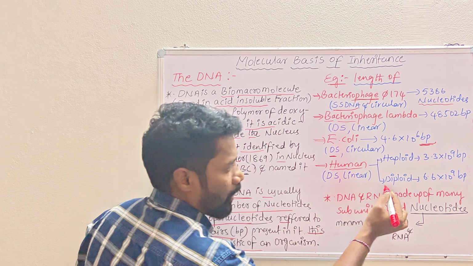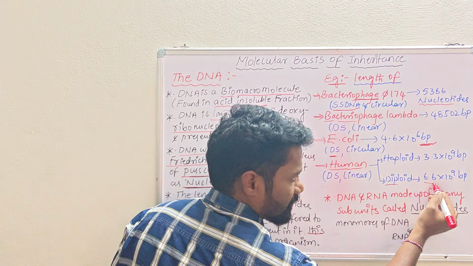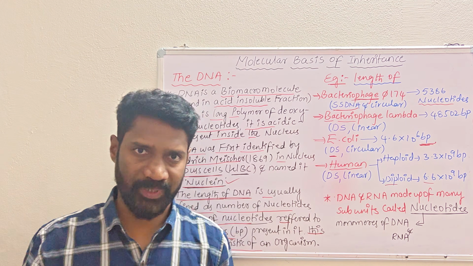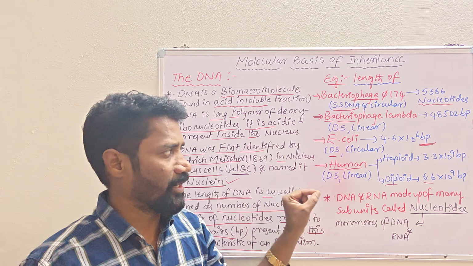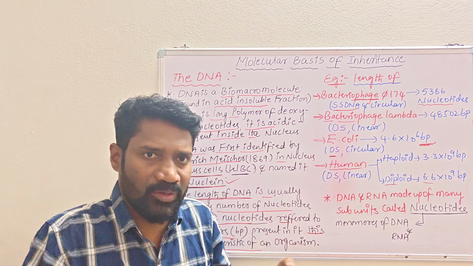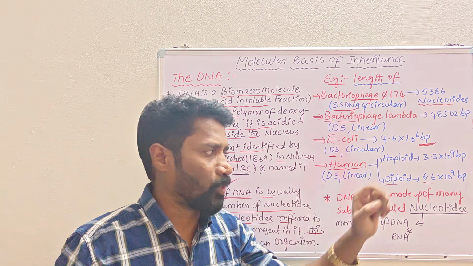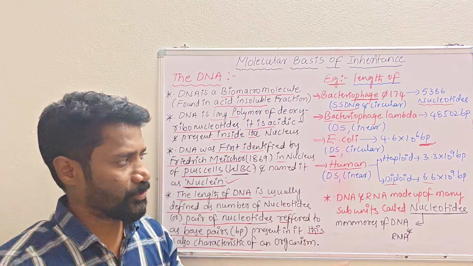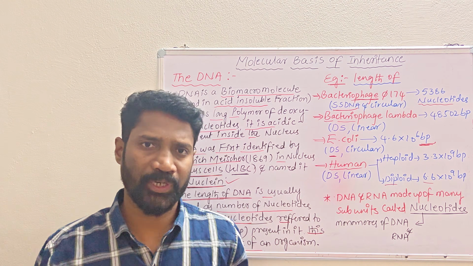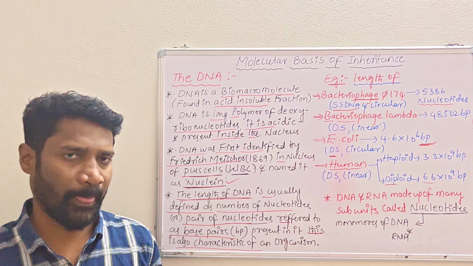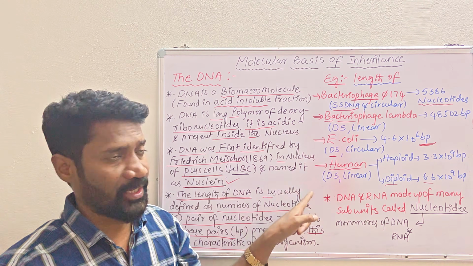Whenever it comes to diploid, it is 6.6 into 10 to the power of 9 base pairs. This is the length of the DNA in human beings. Generally, we have to consider the diploid length of the DNA only, that should be 6.6 into 10 to the power of 9 base pairs. This is the length of DNA.